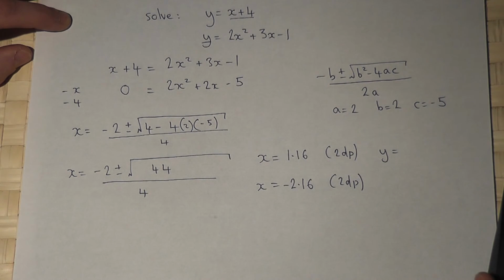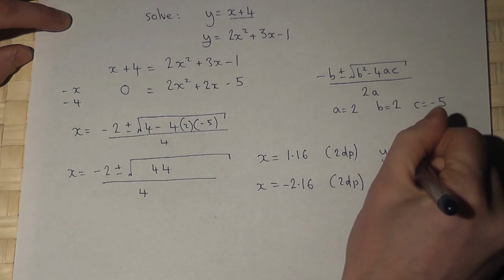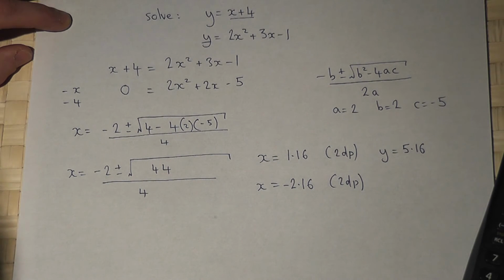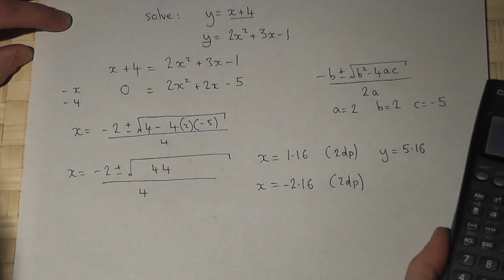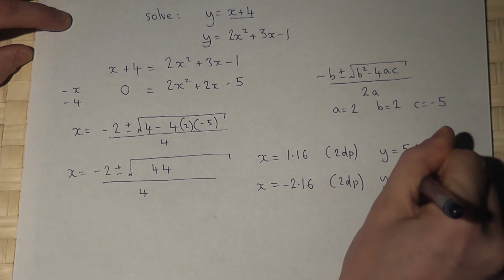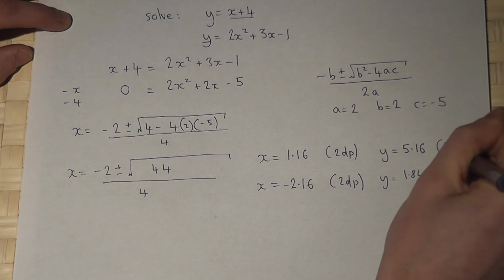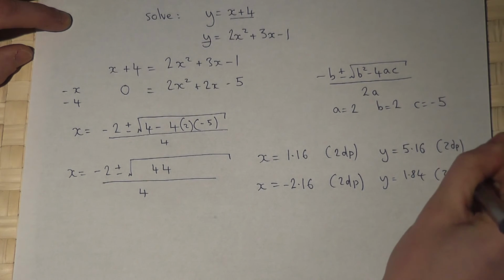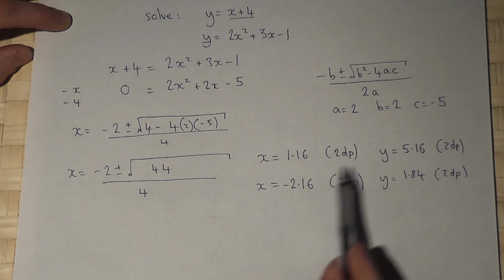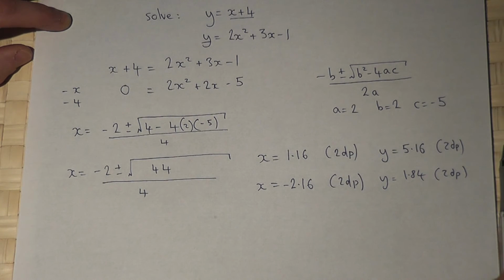So 1.16 plus 4 is 5.16, or minus 2.16 plus 4 gives me the answer of 1.84. Again, to 2 dp. So I have found two pairs of answers for x and y, both to 2 dp.